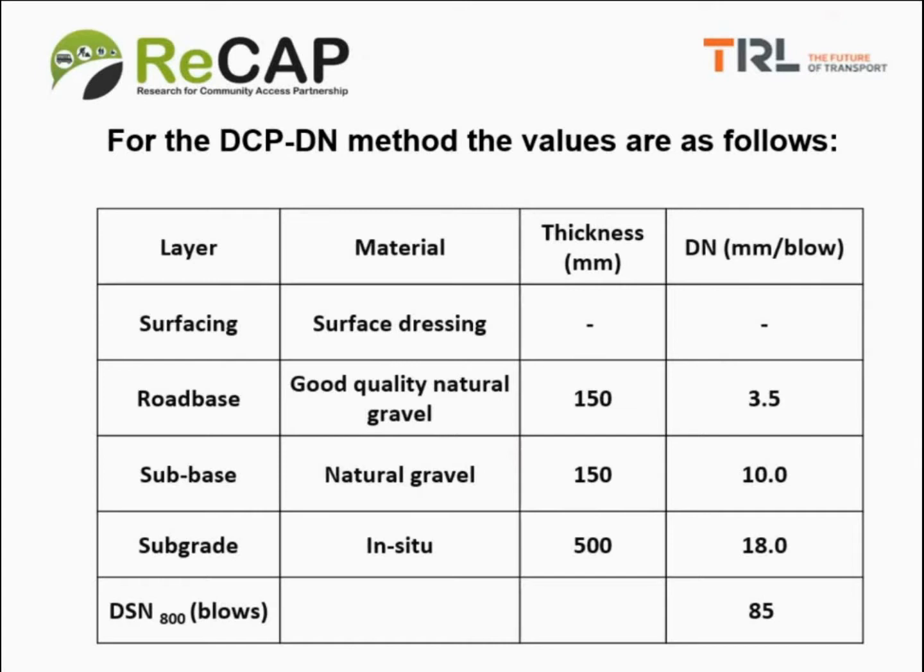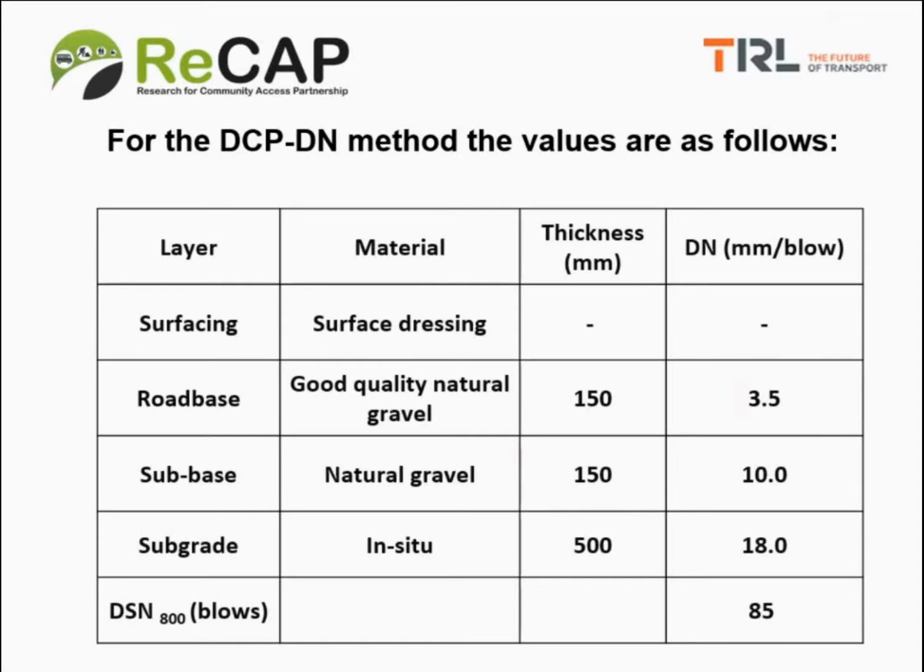So if we use the DCP-DN method and look at the chart, you can see that we use the better gravel, which has a DN of 3.5, at 150 millimeters, and the other gravel, which has a DN of 10. If you look at the chart, you'll see that the limit for that should have been less than 9, but we have to exert some engineering judgment here.